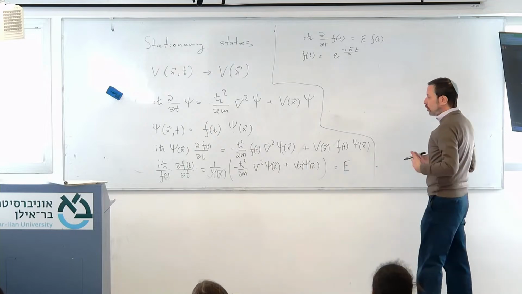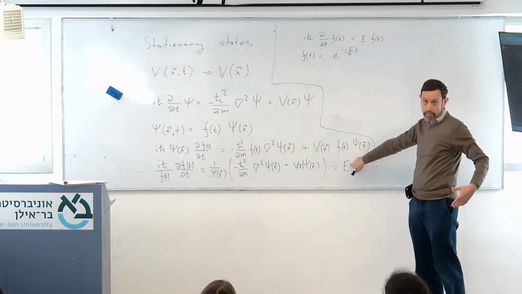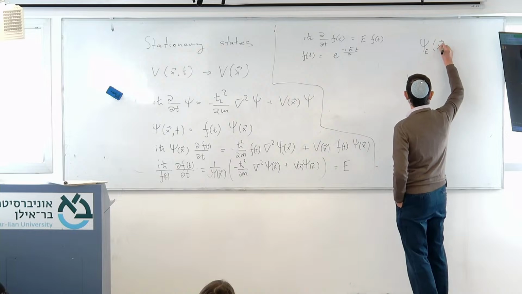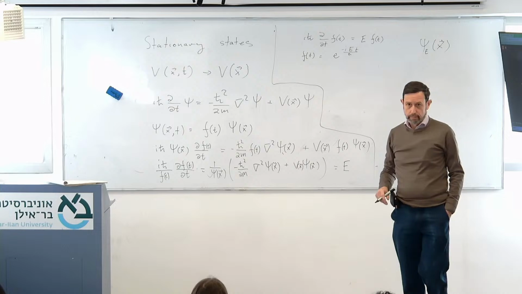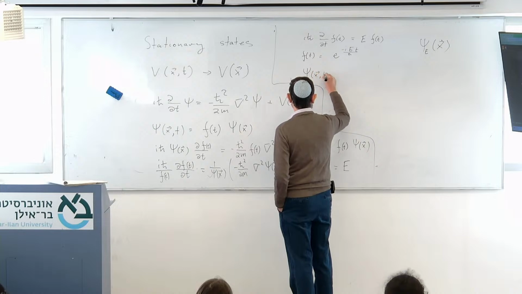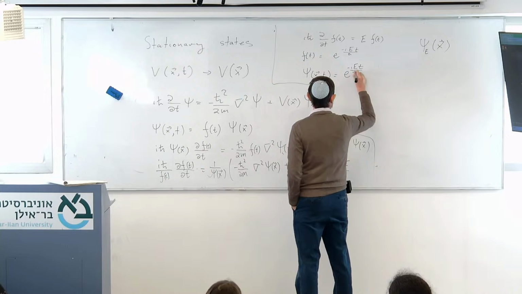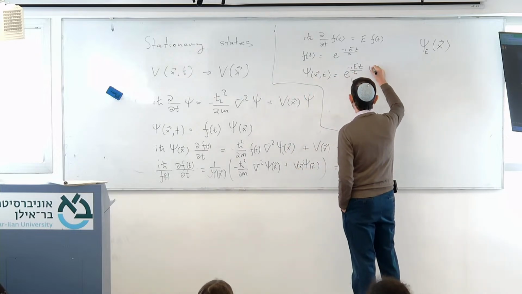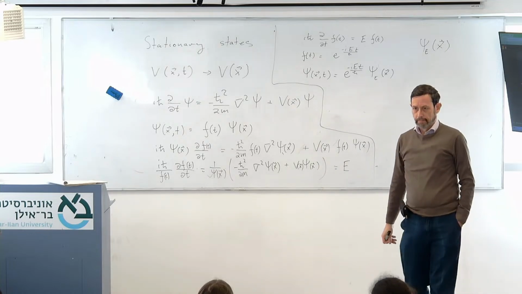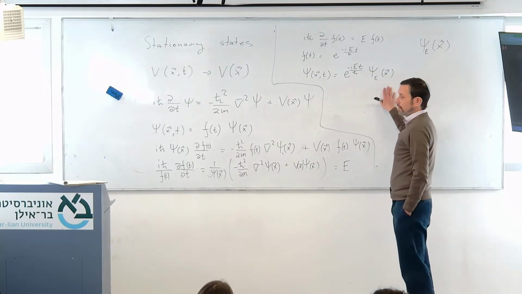I don't know, but in general, it must depend on E, and I'll write it down as psi E of x, and the general solution is psi of x and t equals psi E of x times e to the minus iEt over h bar.